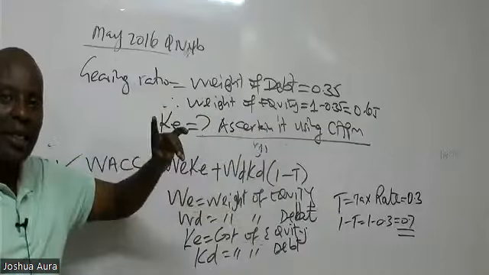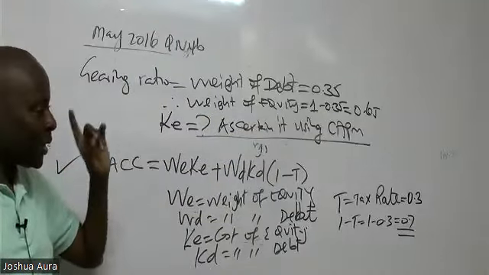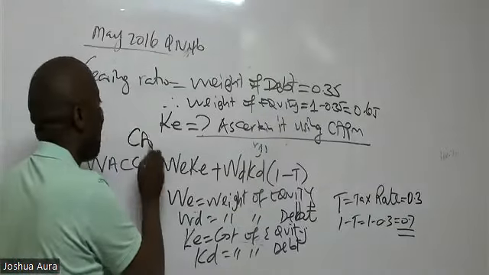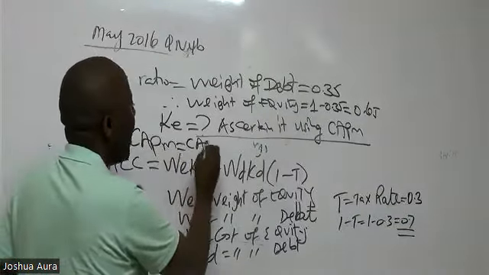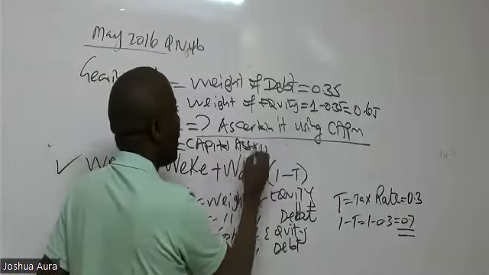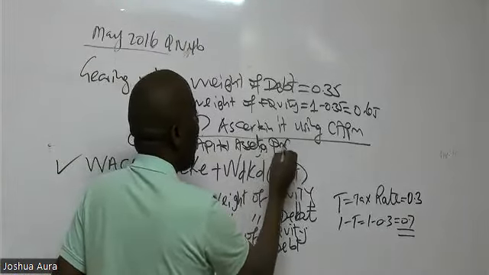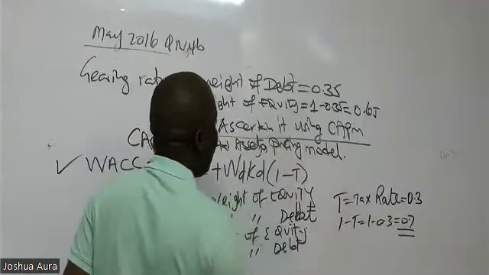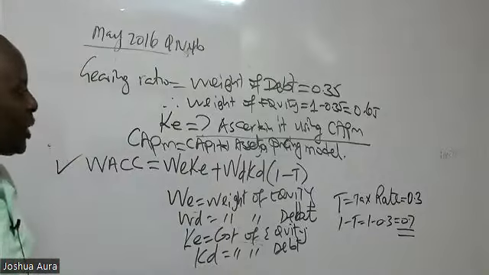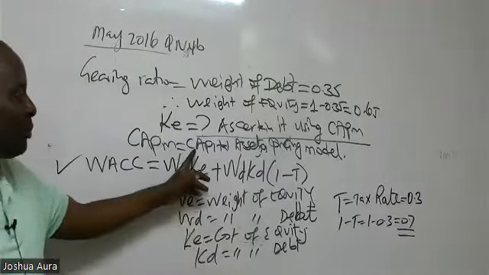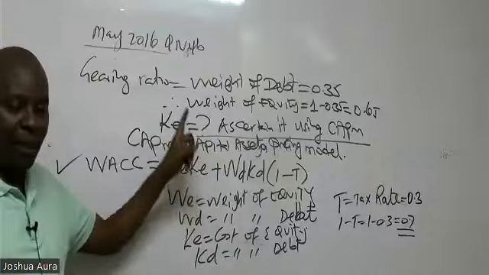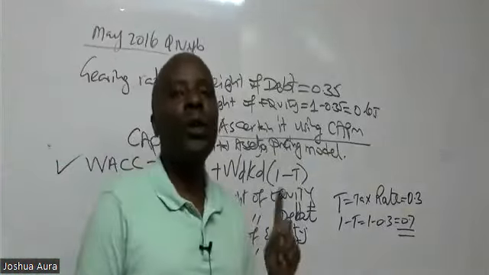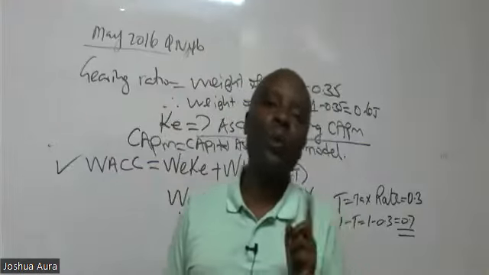What does CAPM stand for in full? CAPM stands for capital assets pricing model, a very important model. It is one of the ways that we should be using here to get what we call cost of equity.